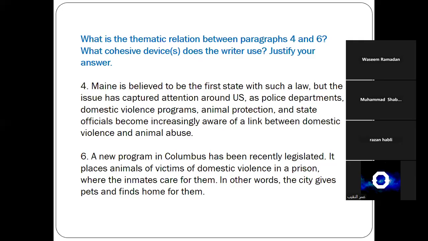Okay, this is how I ask you, but before we continue, I need to tell you something very, very important. These 2 questions don't come together anymore. It means that I ask you nowadays either a thematic relation alone or cohesive devices alone. They don't come together anymore. Fine? So if I ask you, for example, the thematic relation only, don't continue the answer with the cohesion. Fine?